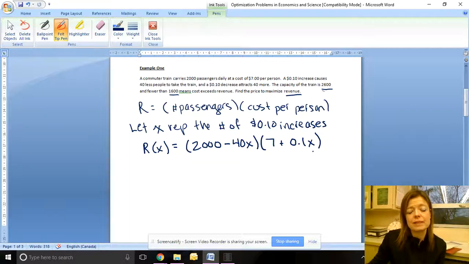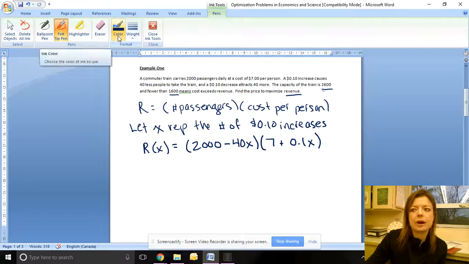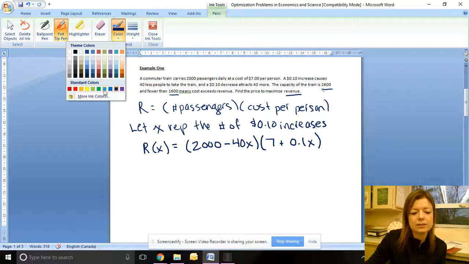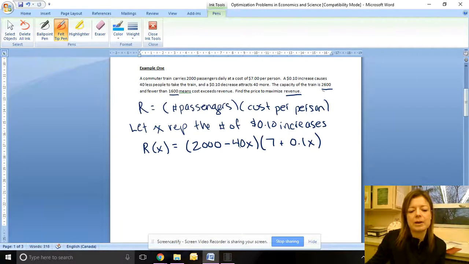Okay, so now we need to come up with the restrictions on the variable. The restrictions have to be on the variable that we chose. The variable X represents the number of price increases. So we need to figure out how the number of passengers restricts how many price increases we can have. This 2,000 minus 40X is the number of passengers.